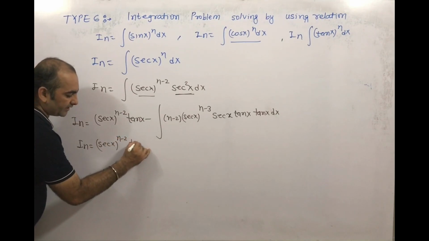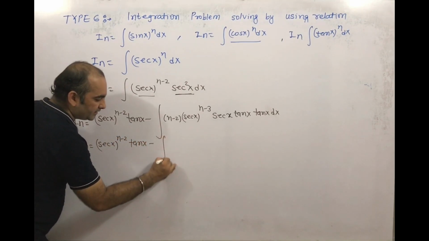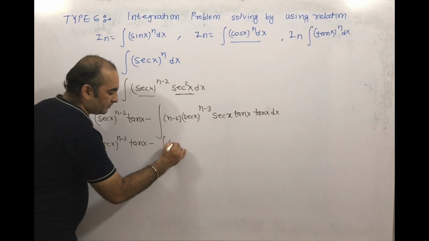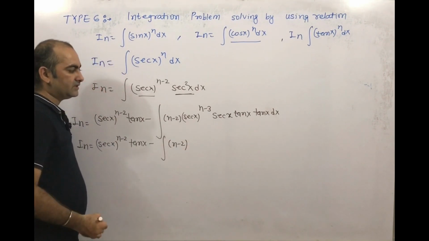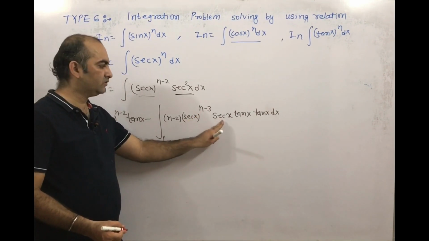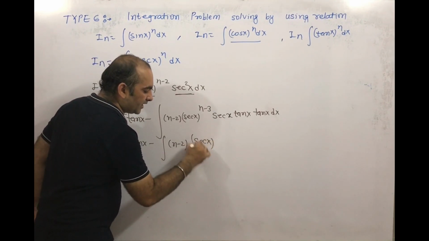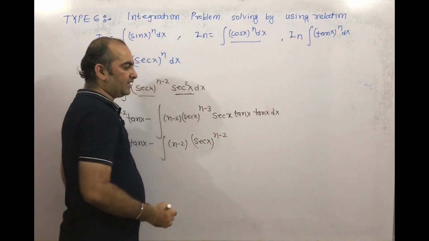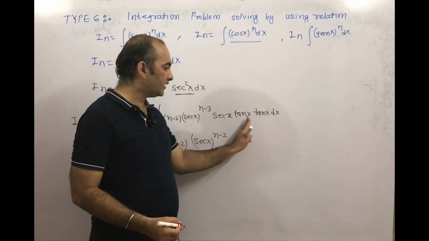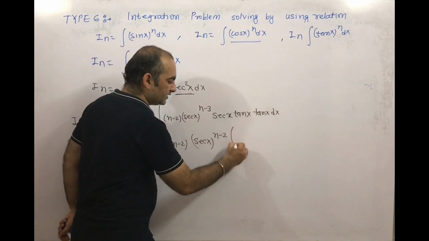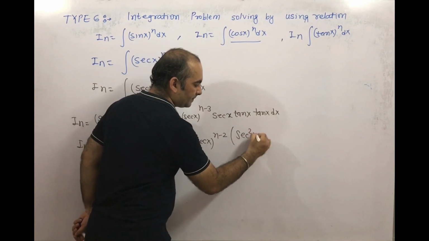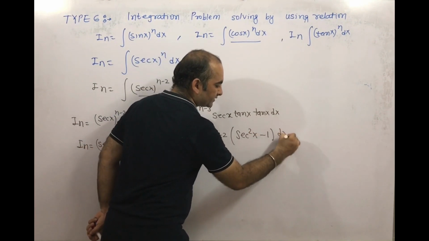So we can write In equal to secant x to the power n minus 2 into tan x, minus the integration of n minus 2 secant x to the power n minus 3 into secant x, so secant x to the power n minus 2, and tan x into tan x is tan square x, and tan square x we can write as secant square x minus 1, dx.